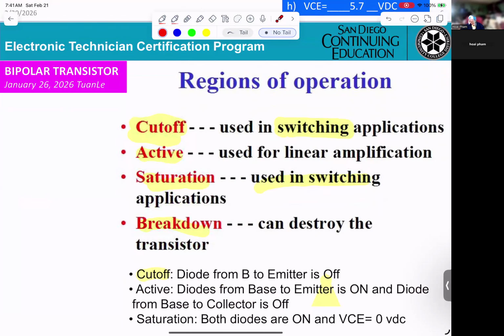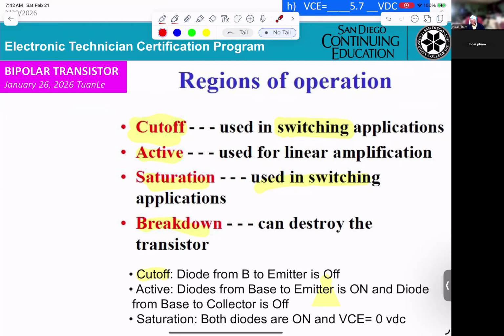Saturation: both diodes are on, and the voltage from collector to emitter, VCE, is almost equal 0. So at least you have to know the operation region of the transistor, either cutoff or saturation.